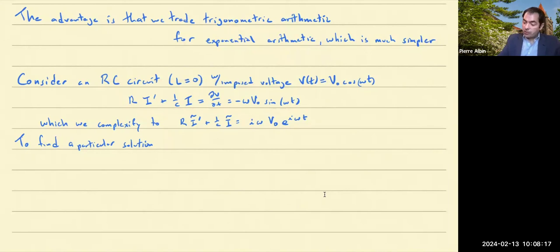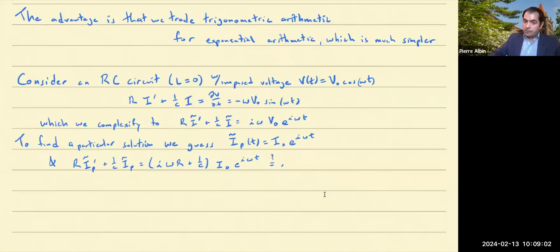In this case, because we've switched to having the right-hand side just be an exponential function, our educated guess is I tilde sub p for particular of t is I naught times e to the I omega t. And if we plug this in, so R I tilde p prime plus 1 over C I tilde p, this would give us I times omega times R plus 1 over C times I naught e to the I omega t.